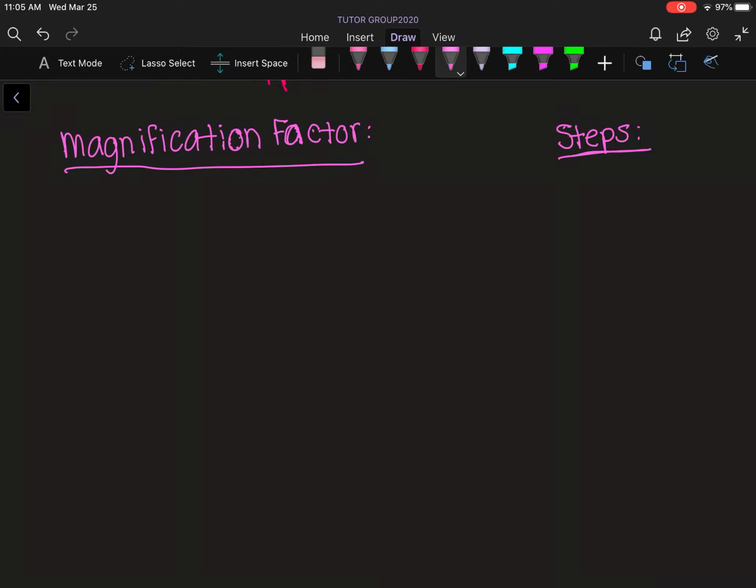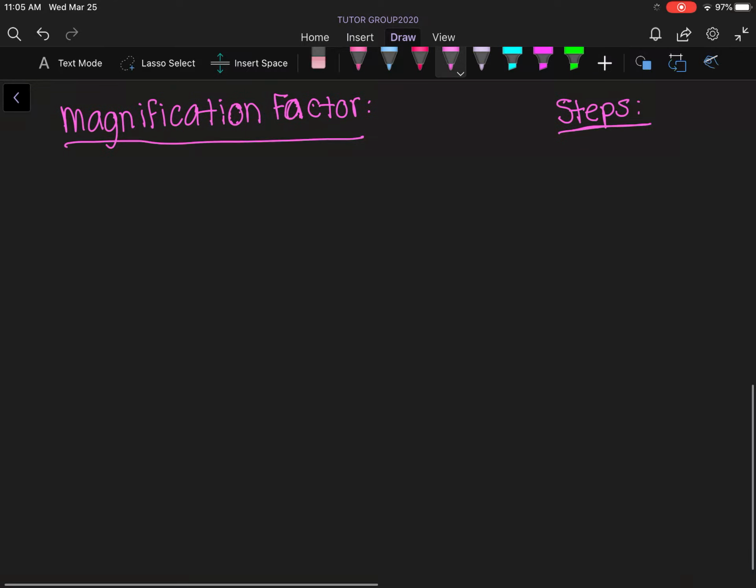For the magnification factor, we know from earlier that magnification is equal to I over O.